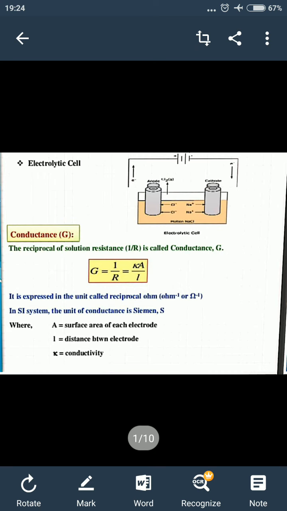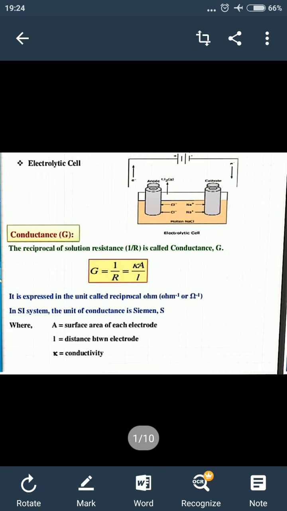It is represented by C is equal to 1 upon R, that is, it is equal to kappa A upon L. It is expressed in the unit called reciprocal ohm, that is ohm inverse, or it is represented as mho. In SI system, the unit of conductance is Siemens.